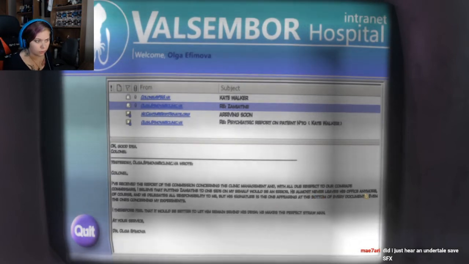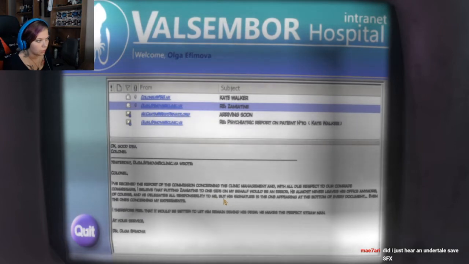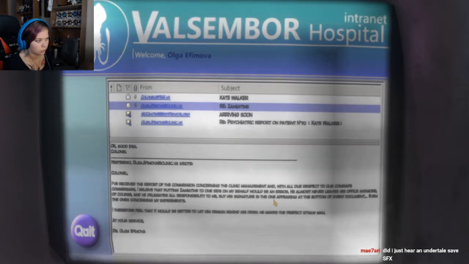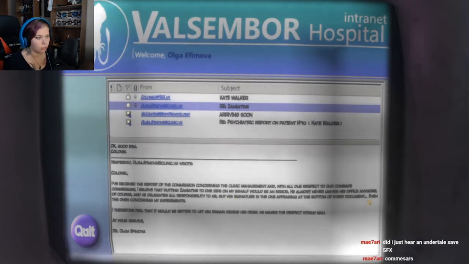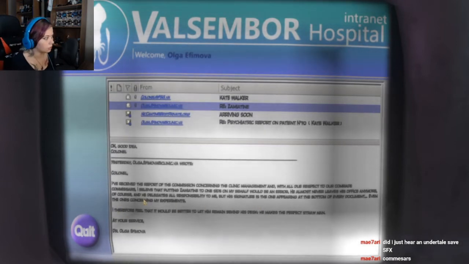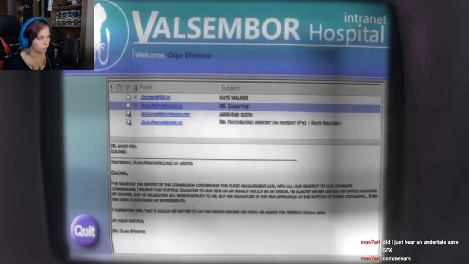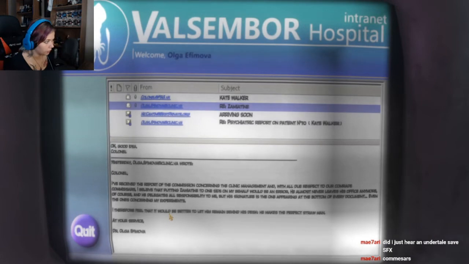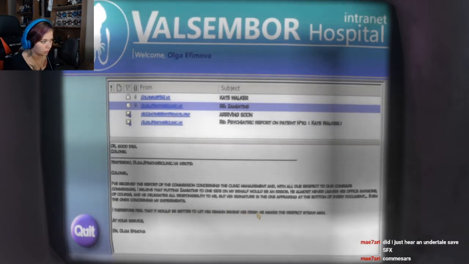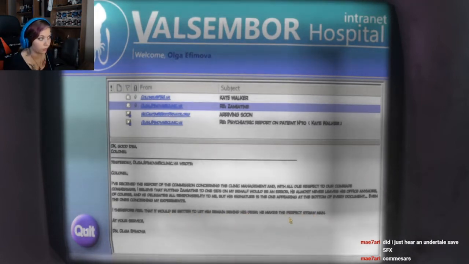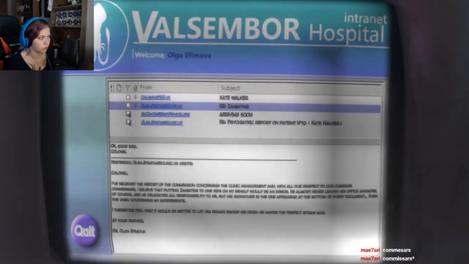He almost never leaves his office anymore, of course, and he delegates all responsibilities to me, but his signature is the one appearing at the bottom of every document, even the ones concerning my experiments. I therefore feel that it would be better to let him remain behind his desk. He makes the perfect straw man. At your service, Dr. Olga.